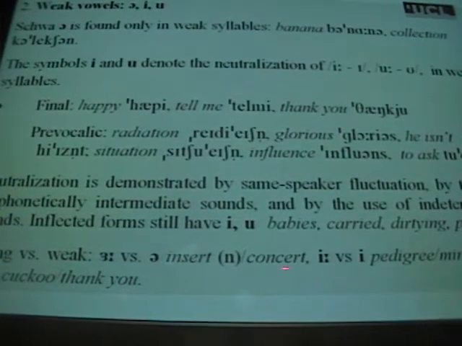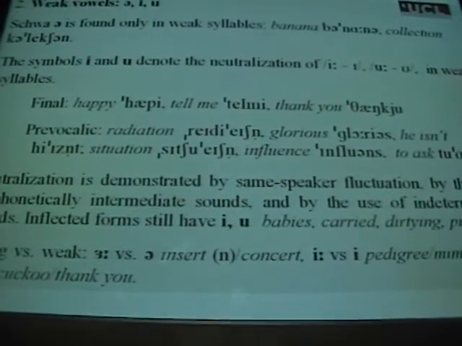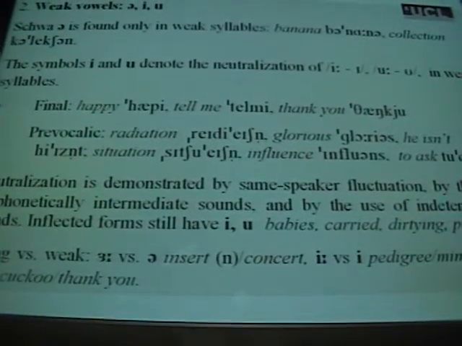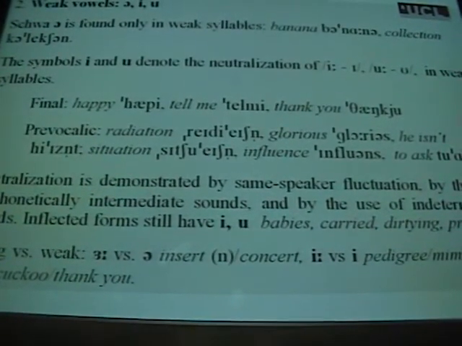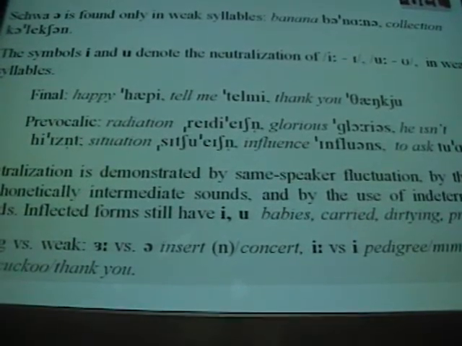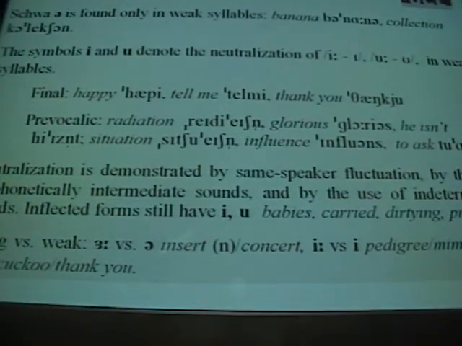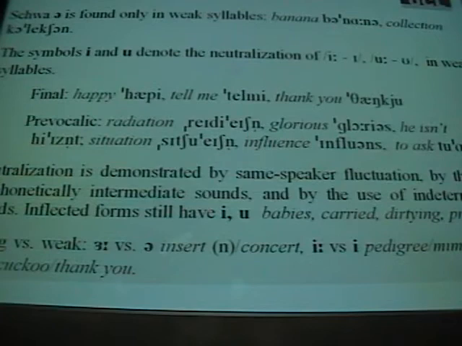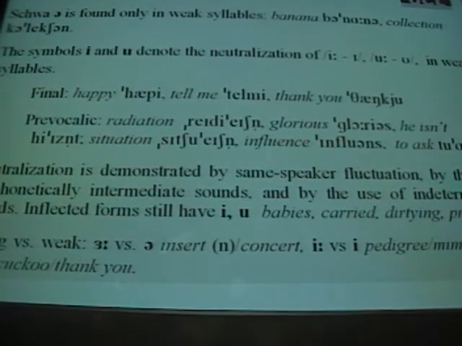Now, we can sort of find pairs to demonstrate the difference, because although you get reduction vowels only in unstressed syllables, you can also get strong vowels in unstressed syllables. That's one of the complications in English.